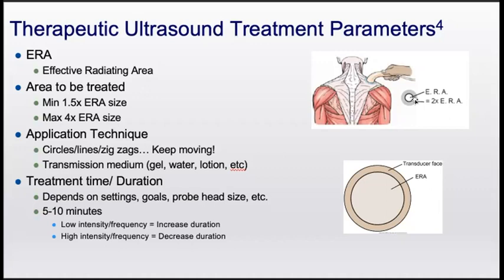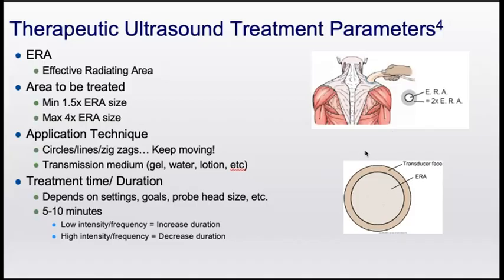The area to be treated should be a minimum of 1.5 times the ERA and a maximum of 4 times. Okay, so if this grayish circle is the ERA, we need to be 1.5 times bigger in order to keep that continuous motion up so we don't get stasis in the tissues below.